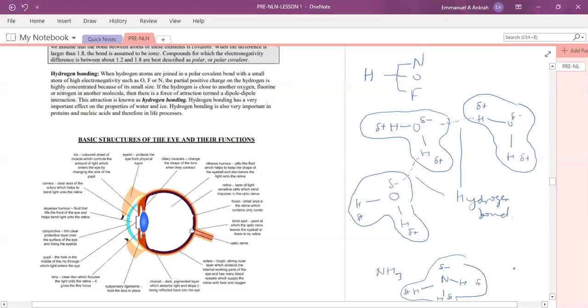If I have another molecule, the same thing, nitrogen, hydrogen, hydrogen, hydrogen, positive, positive, positive, and then negative. So the positive hydrogen interacts with the negative, and they have a bond. So that will be a hydrogen bond in between. Okay. So remember, you should have only these three elements, N, O, F, nitrogen, oxygen, fluorine, with hydrogen attached to it before you can have a hydrogen bond, special type of bonding.